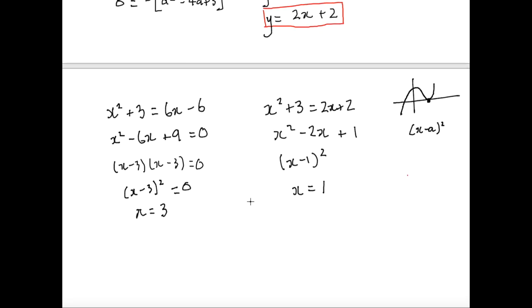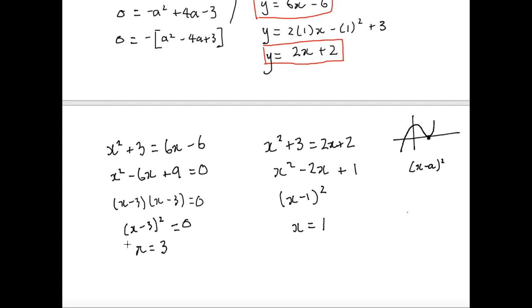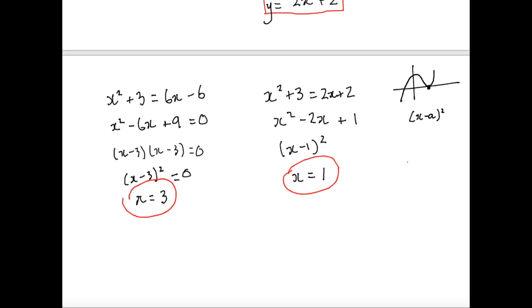Alright, now that we know x equals 1 and x equals 3 are points where our tangents touch our original graph, we can just substitute them into either equation to find the y value. In this case, I'm going to do it into the original equation. So I'm going to find my y value when my x value is 3. So we're going to say 3 squared plus 3.